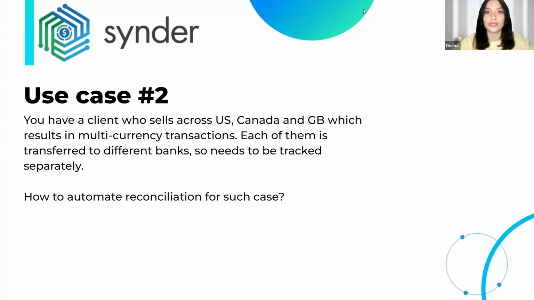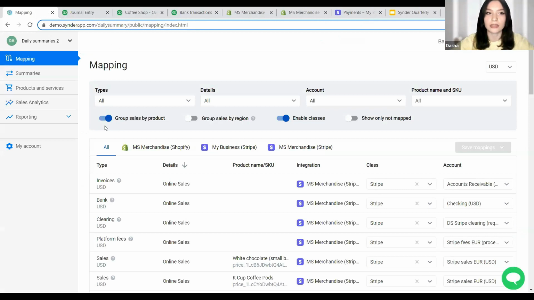Going back to Synder at this point to show you this part as well. In Synder, first of all, you will have the option to enable multi-currency here under My Account. As soon as it's enabled, Synder will give you the option to map those currencies separately. Over here, you'll have the option to add a new currency to the mapping if needed.